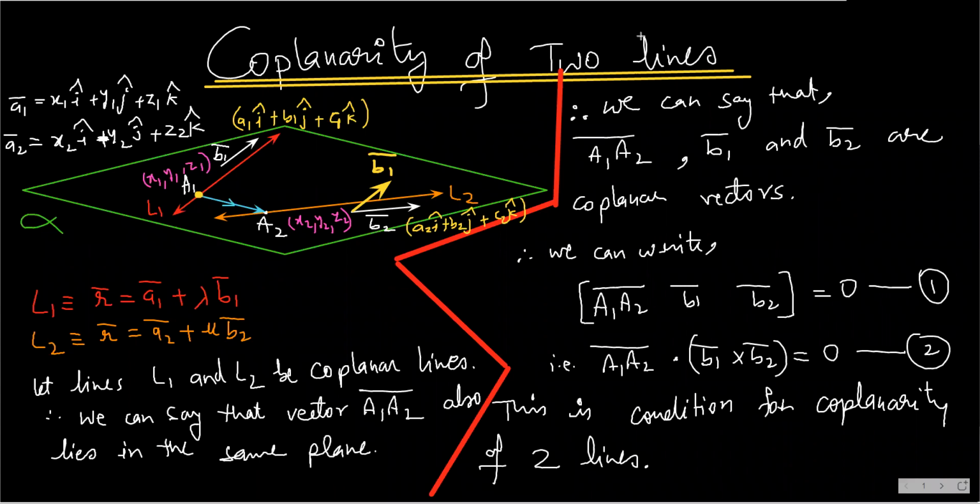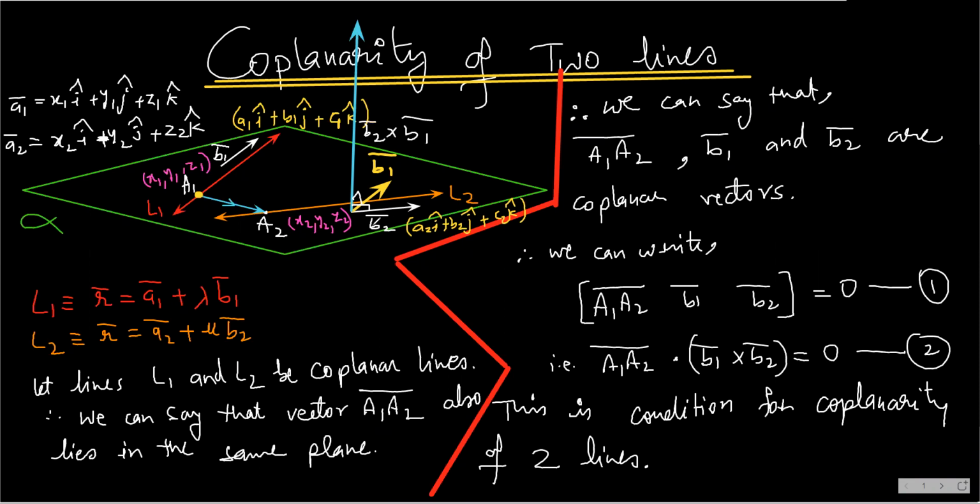And what is that going to be? You all know B2 bar cross B1 bar is a vector this way. You see this? And this vector is perpendicular to both. And since it is perpendicular to both, it is automatically perpendicular to the plane. You got that?